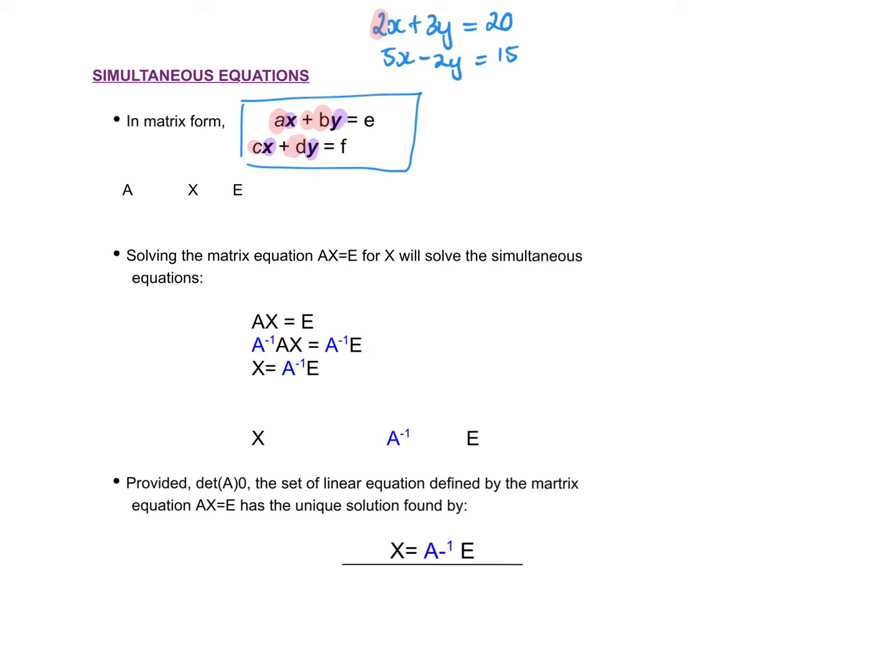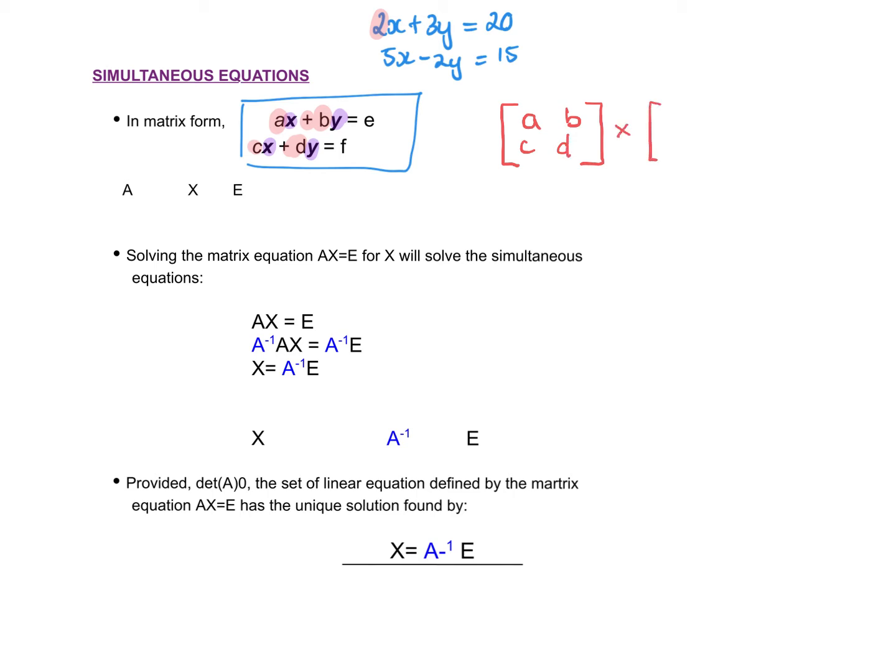If we want to set this up in matrix form and solve them, this is the way we do it. We write our first matrix, which is going to be a square matrix, and the numbers in front of your unknowns, in this case x and y, are put in the first matrix like here. Then we say times.